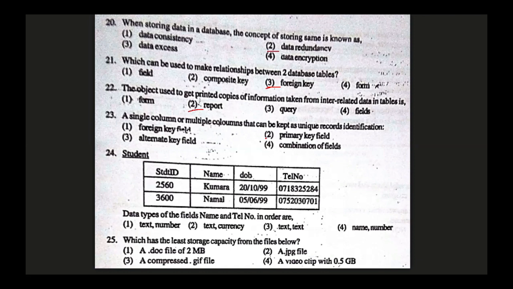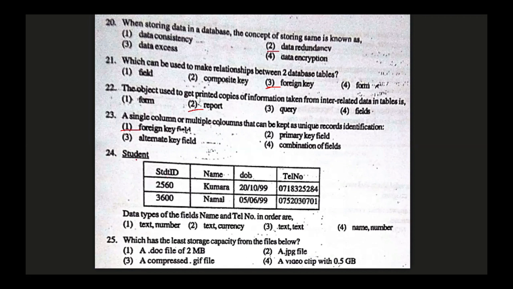In a database, in a table, we cannot define many primary keys, but in a table there can be many foreign keys. So multiple columns, that means only a single column for primary key, but there can be many foreign keys in a table. So this is the answer for that, 23.